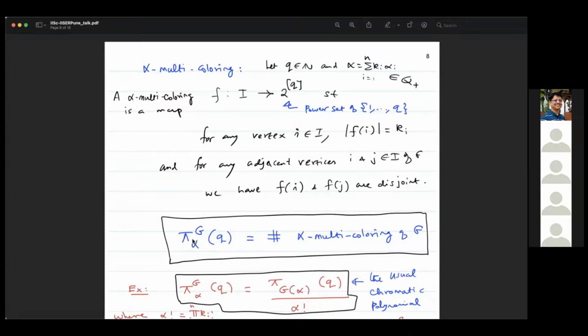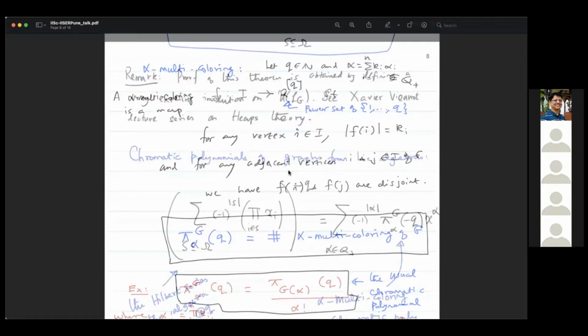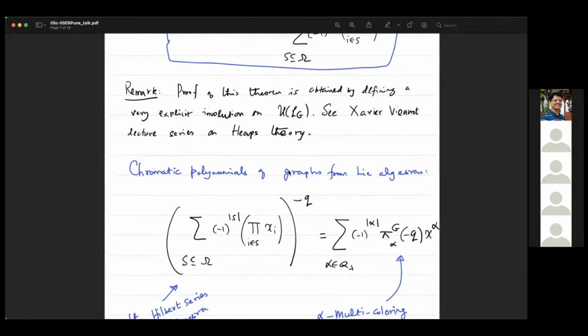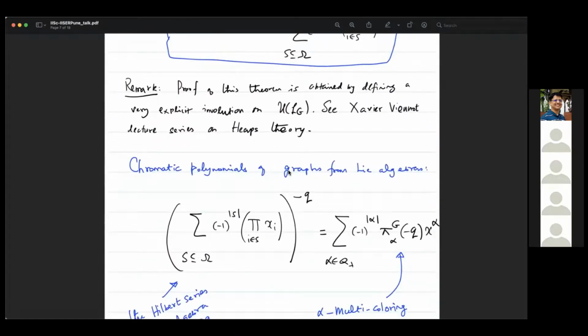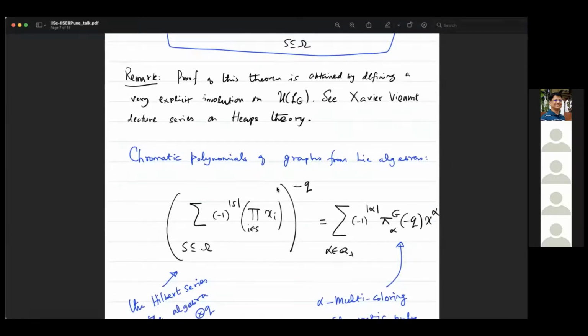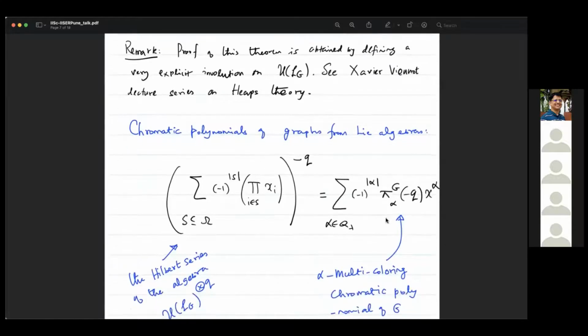If you count the number of alpha-multicolorings of G, you can prove it is a polynomial in q, and you have a very nice, explicit description of that in terms of independent sets. That is given in this identity. You can take this identity as the definition of the alpha-multicoloring chromatic polynomial of G, which is obvious from the definitions.